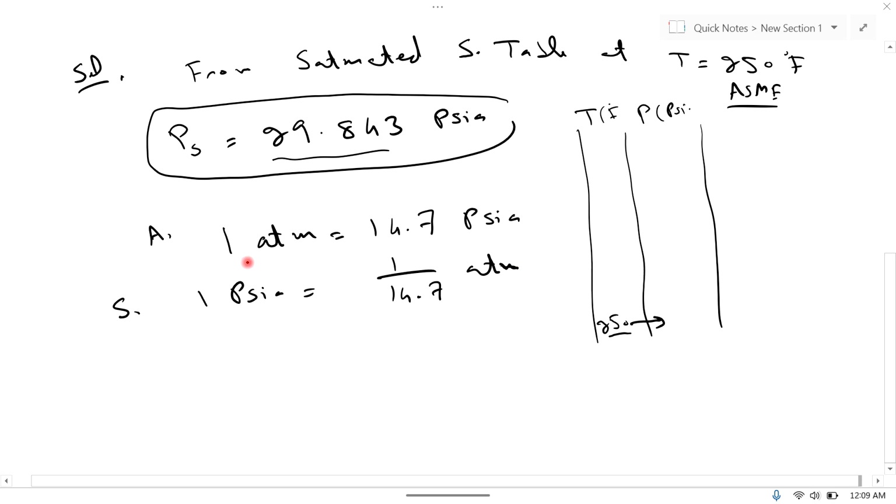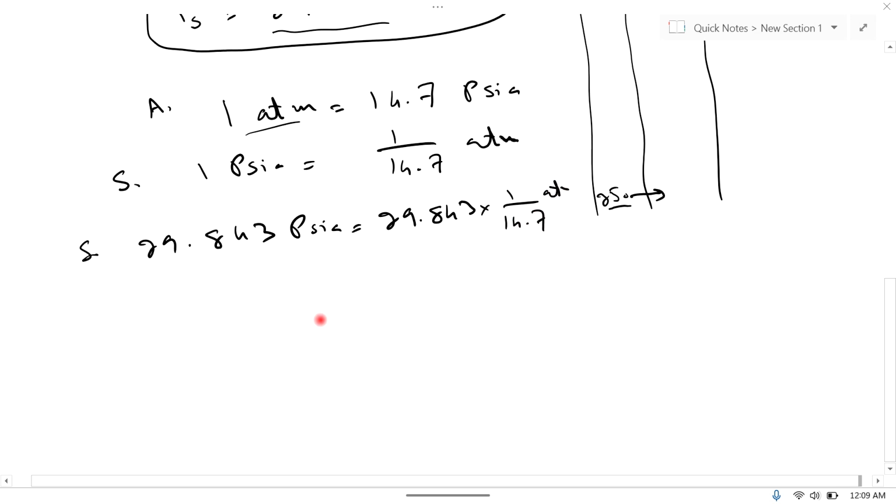So 29.843 psia is equal to 29.843 multiplied by 1 over 14.7 atm, which is equal to 29.843 divided by 14.7, equal to 2.03 atm.